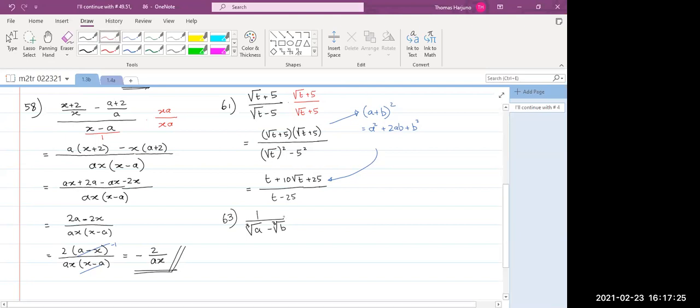We will multiply the top and the bottom by the one that makes it a difference of cubes. Okay, now let's see difference of cubes. x cubed minus y cubed is equal to x minus y, x squared plus xy plus y squared.